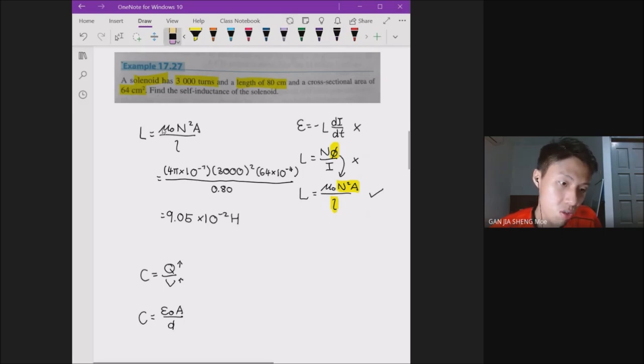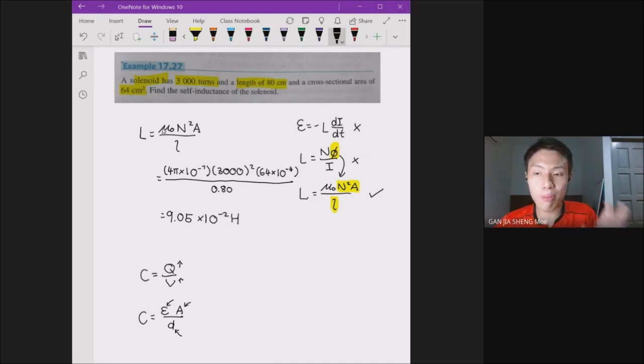So it depends on the area, the distance between the plates, and the dielectric constant multiplied by the permittivity of free space. Let me write it in a different form. So this one is related to the permittivity.